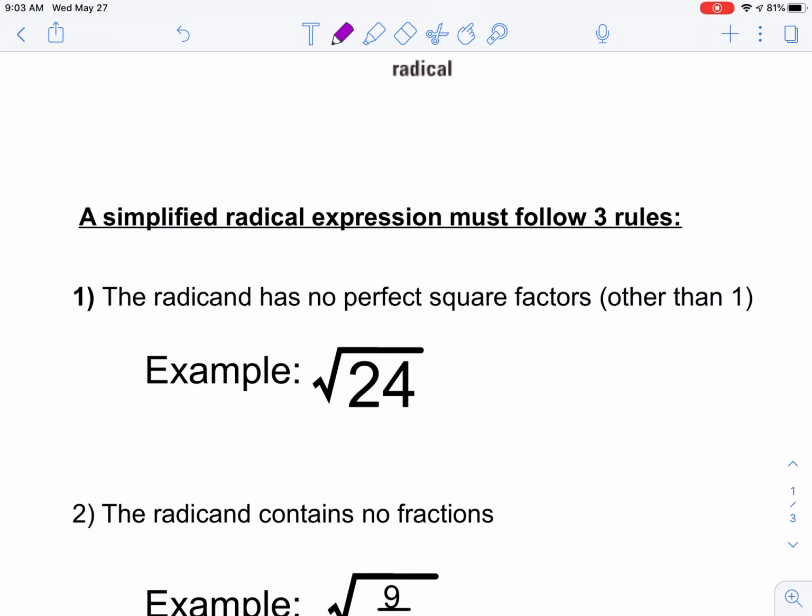So basically, this entire first lesson will focus on rule number 1. So the square root of 24 is not simplified. Okay, and we'll see how to simplify it on the next slide. But just keep in mind, this rule number 1 is the rule that this entire first lesson will encompass.